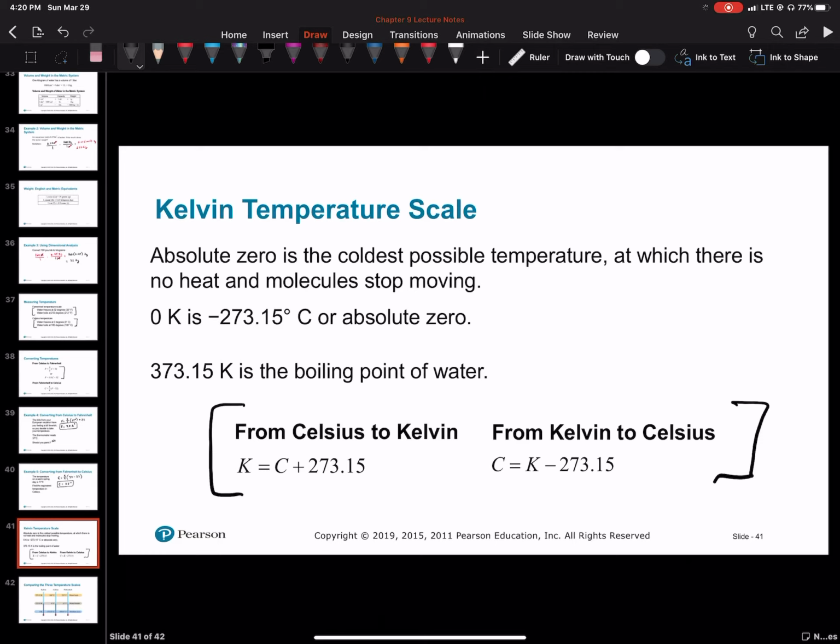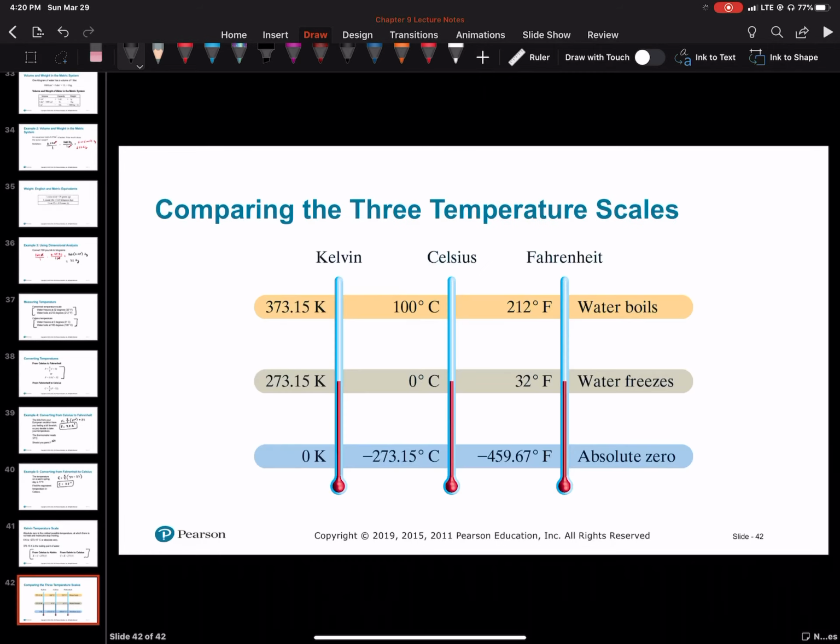Now let's just look at the thermometers. And what this is doing is it's just a recap of everything that we've been talking about. It just shows you the different scales. So at 273.15 Kelvin, that's 0 degrees Celsius and 32 degrees Fahrenheit. At 373.15 Kelvin, we have 100 degrees Celsius and 212 degrees Fahrenheit.